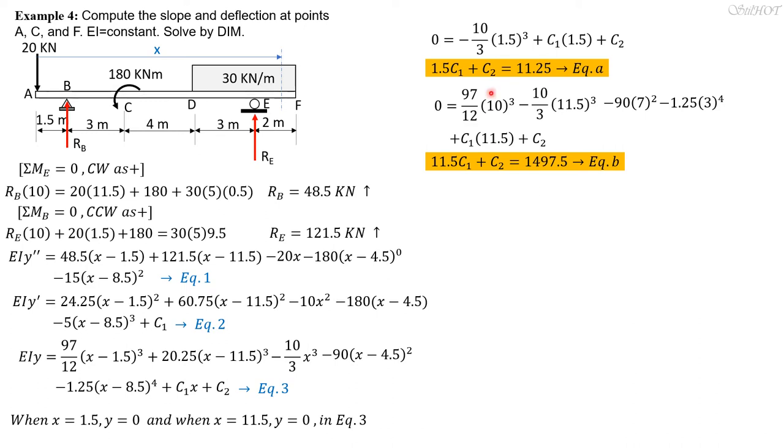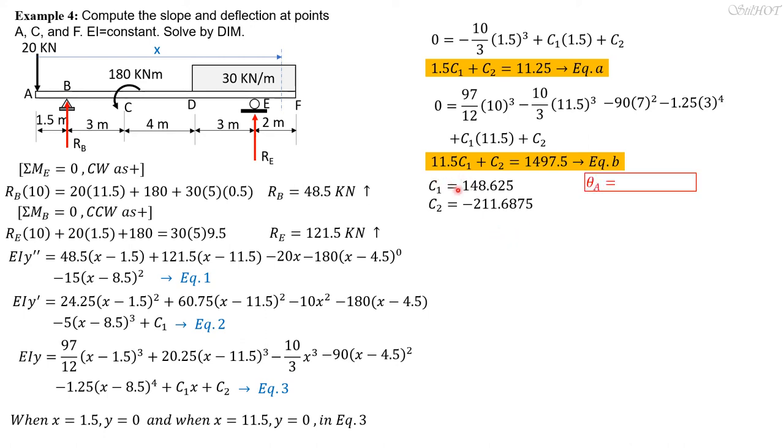We can now solve the two equations simultaneously. You may subtract the two equations, eliminate c sub 2 and solve for c sub 1, then substitute into equation A to solve for c sub 2. By doing that, c sub 1 equals 148.625 and c sub 2 is equal to negative 211.6875.